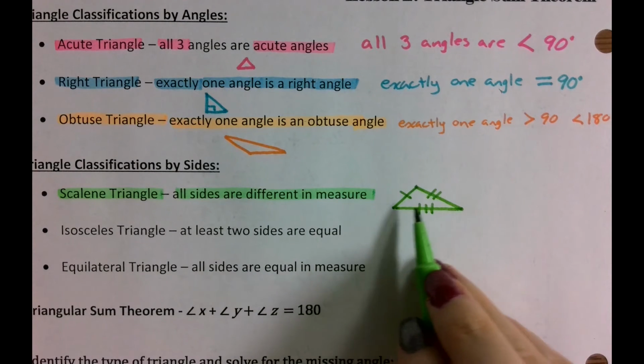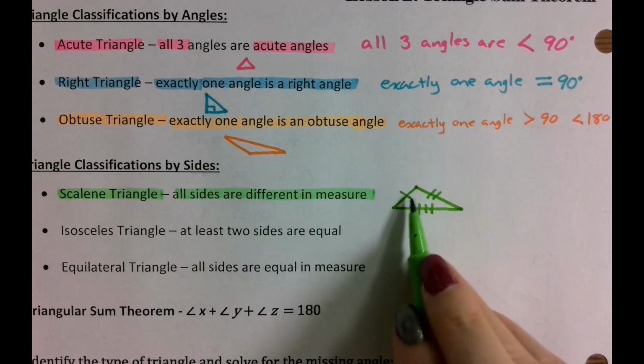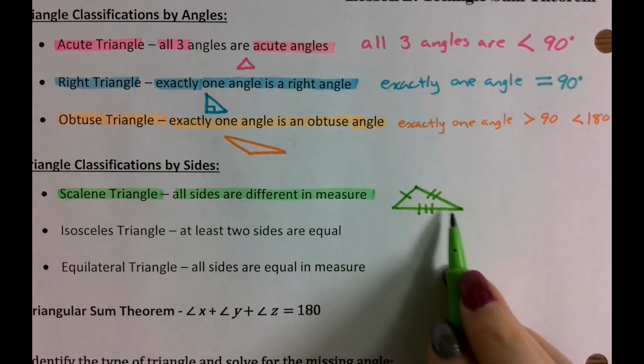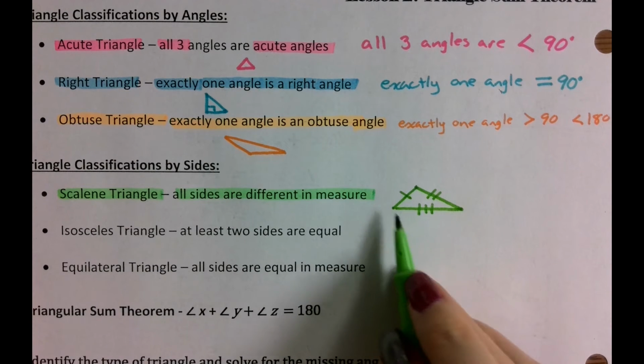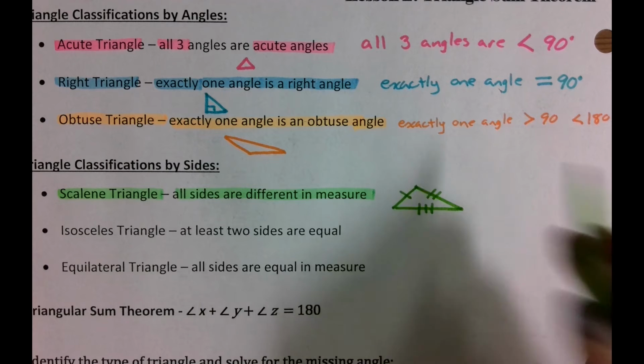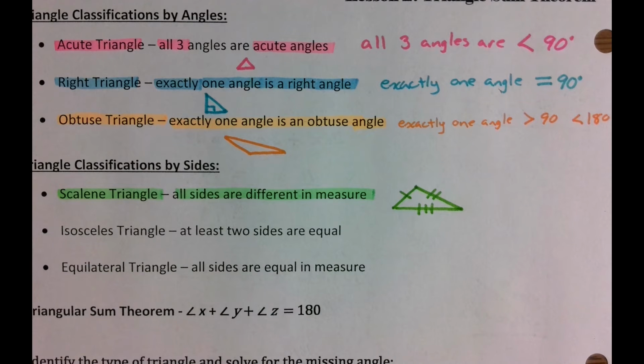Those lines represent measurements, saying this has a different measurement than the first one, and this third one has a different measurement than the other two. So they're called congruency symbols.